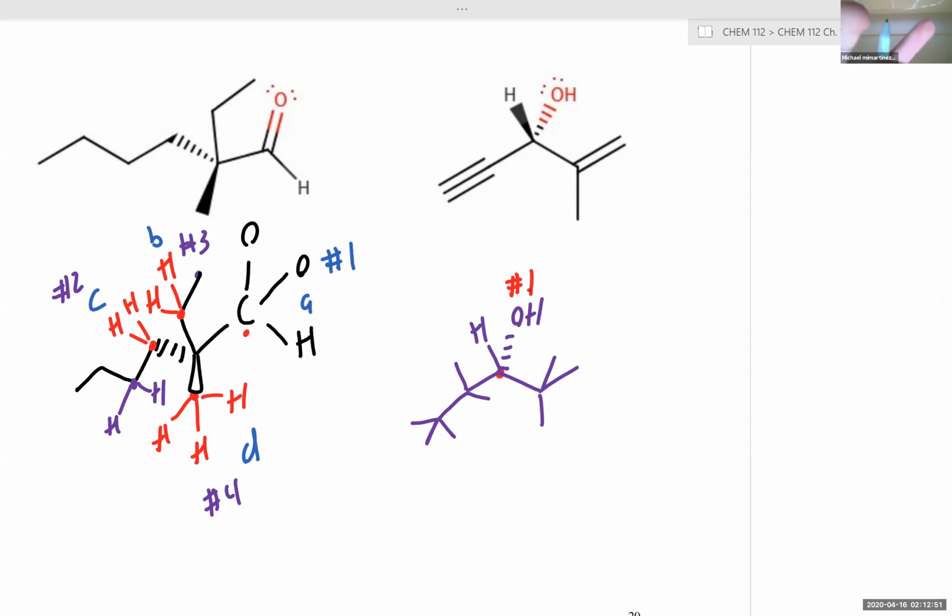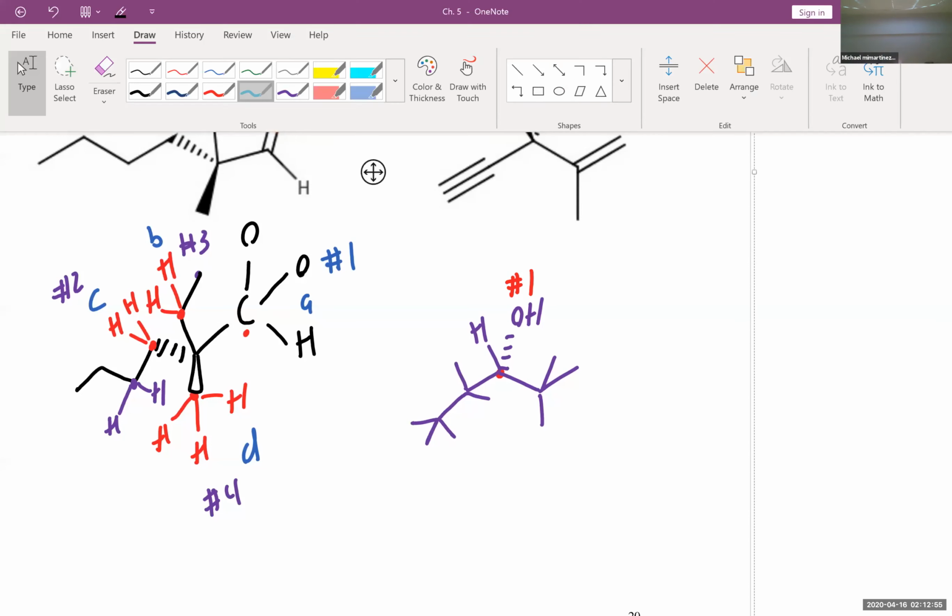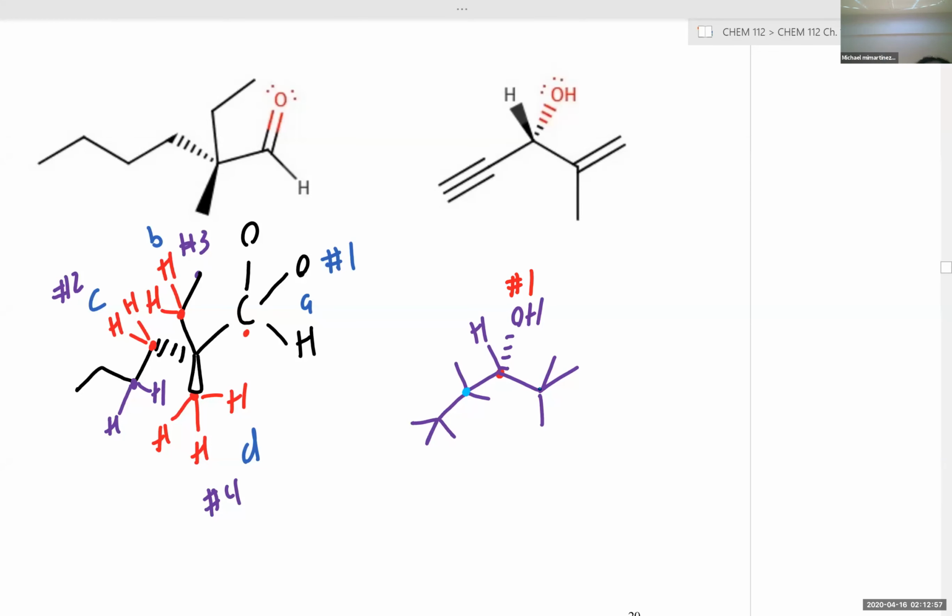Let's keep going. Looking at our 2 adjacent carbons, it's a tie between these 2 carbons, so I'll call them A and B. Let's make a primary list. Attached to A, we have 4 carbons. Attached to B, we have 4 carbons.